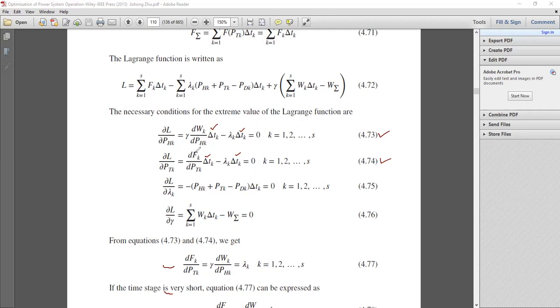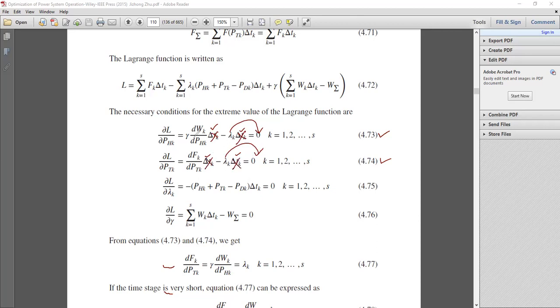So simply you have dFK by dPTK. You take lambda K to the other side. So what you have is dFK by dPTK equal to gamma dWK by dPHK, and both of these will be equal to lambda K. Lambda K would be taken to this side, and del TK will be cancelled.